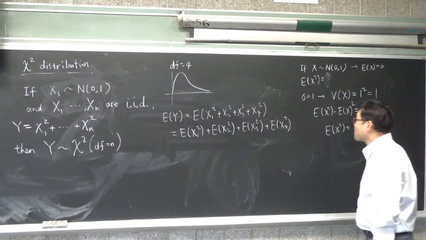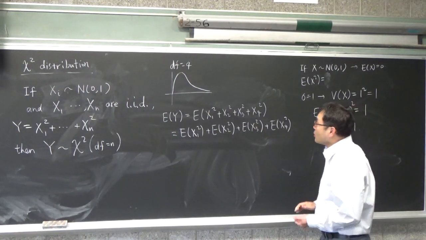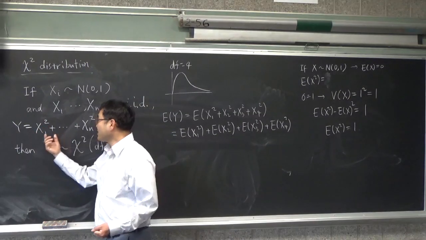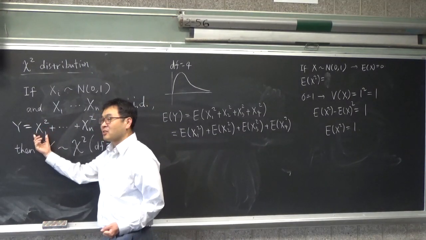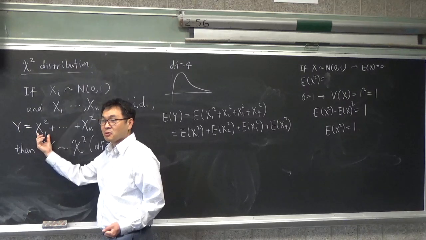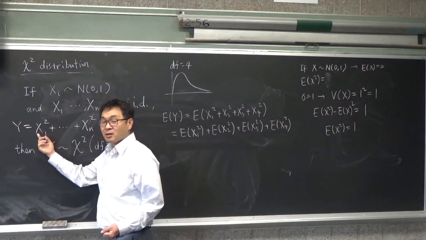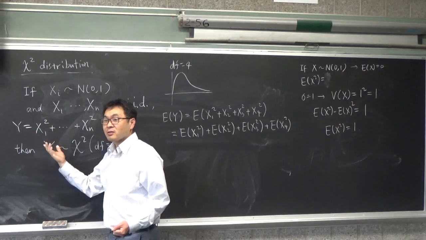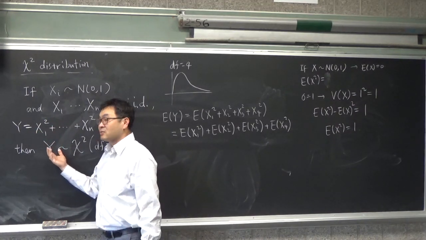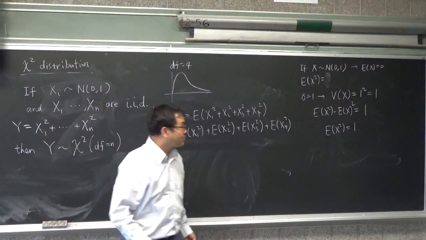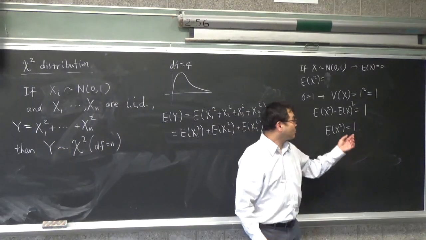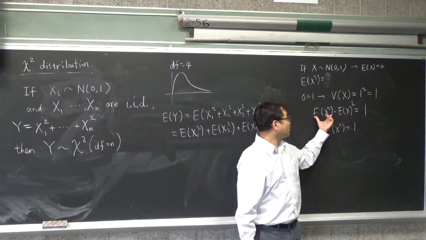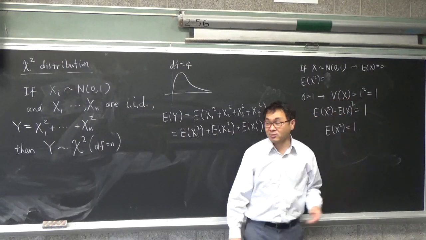So when we talk about x1 squared, you should really think of this as a variance value. Because the average of x1 squared is the same as V of x, since for the standard normal distribution E of x is 0, so E of x squared is the same as V of x.